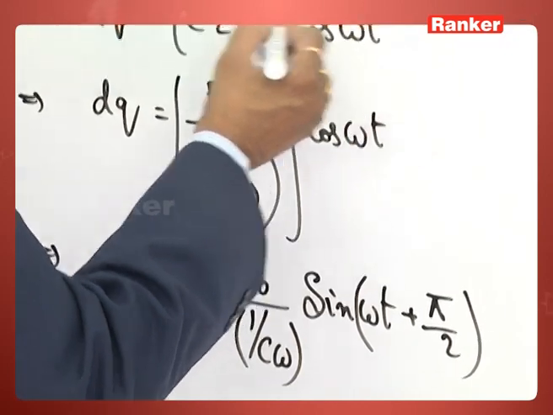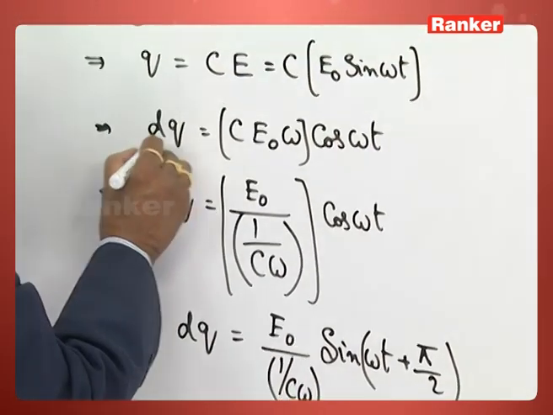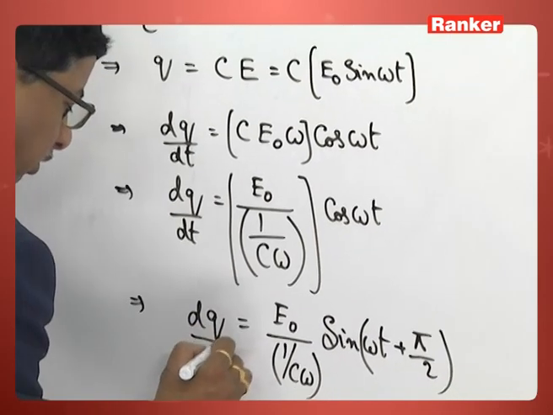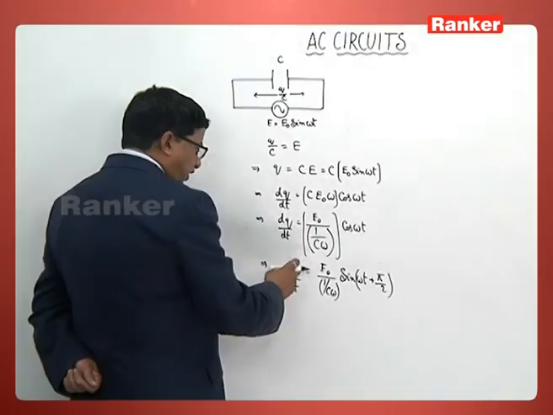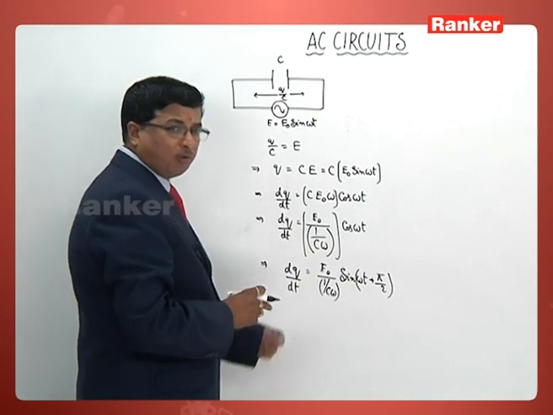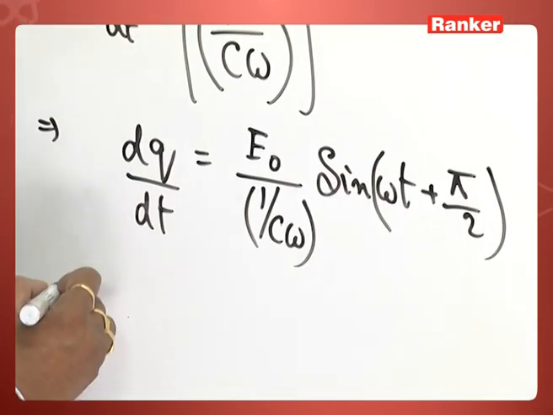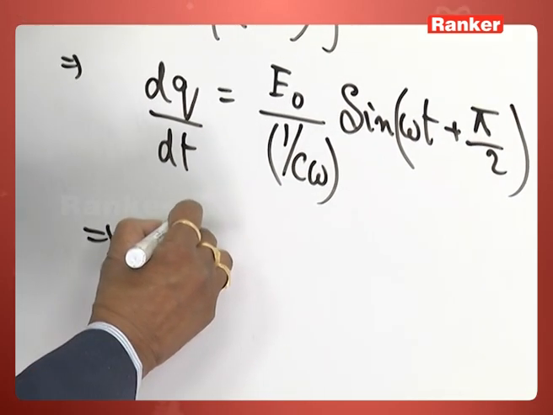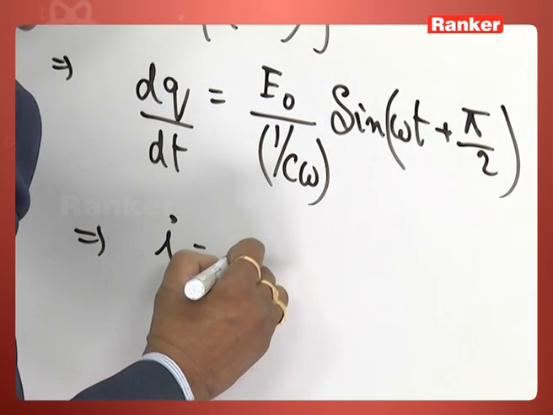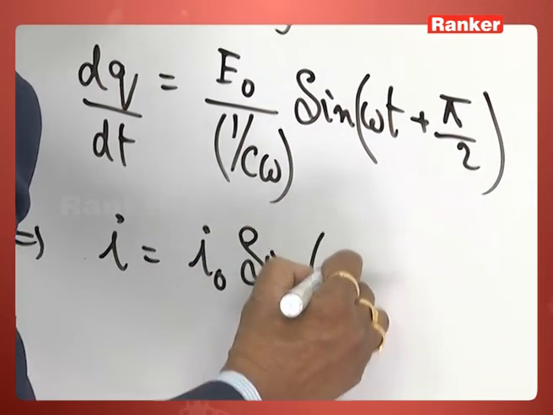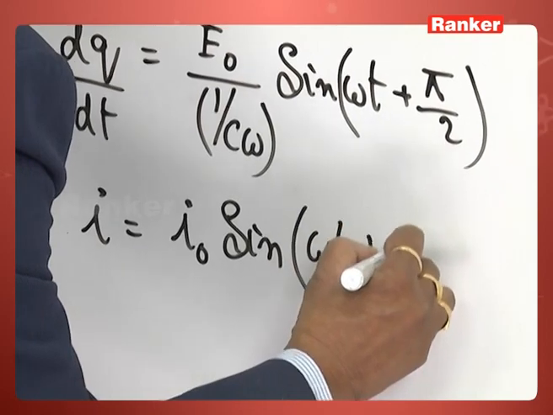So when we directly differentiate this one with respect to time, this rate of flow of charge, we call that one as current. So what is the ultimate equation? I is equal to I naught sin omega t plus pi by 2.